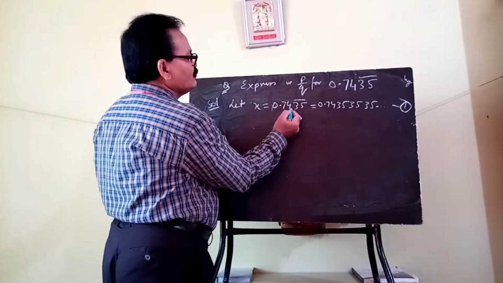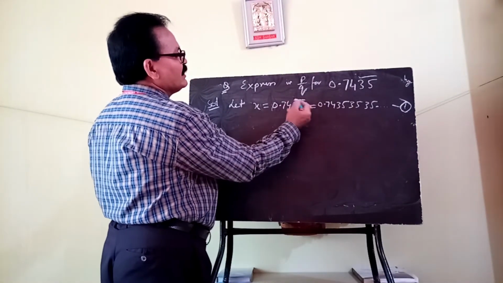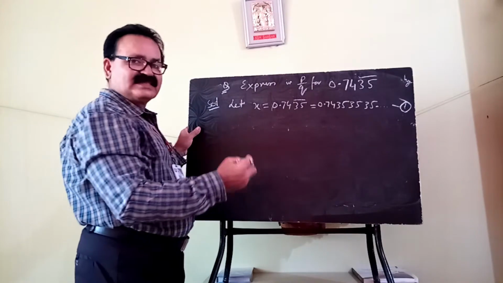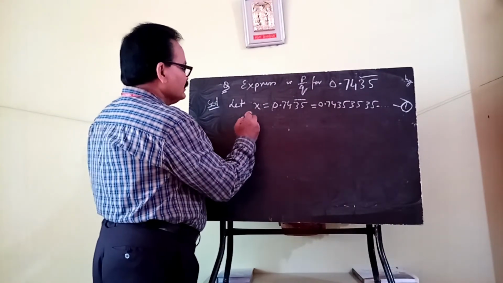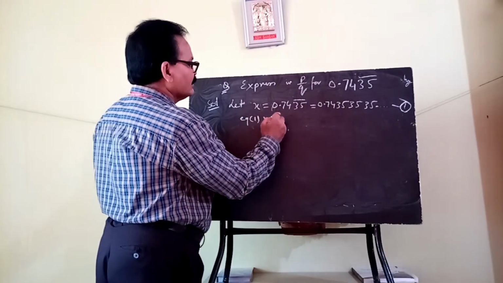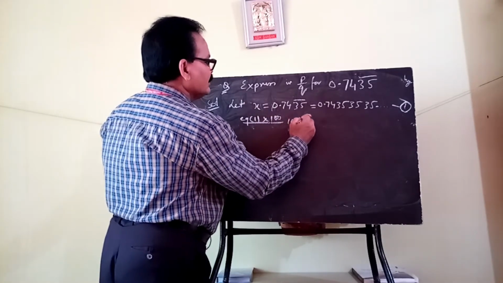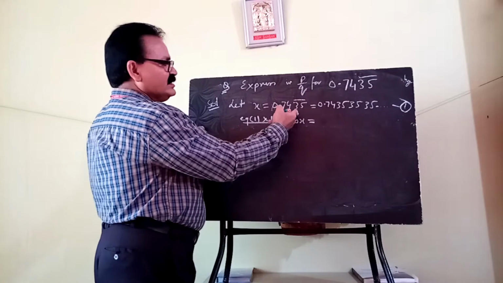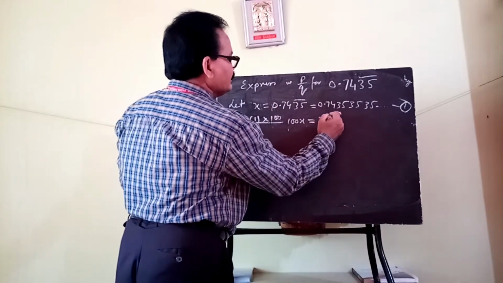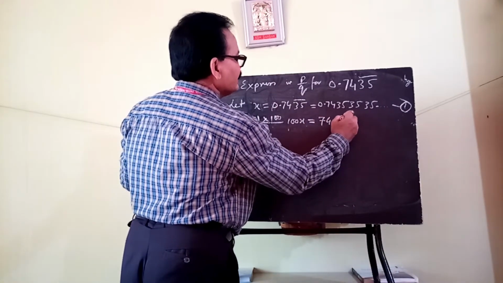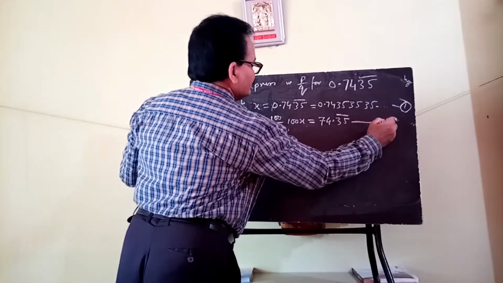Here you see there are 2 places before the bar is given. So you have to multiply equation 1 by 100 on both sides. So this is 100x, and on the right-hand side it will be 74.35 with the bar. So this is equation 2.